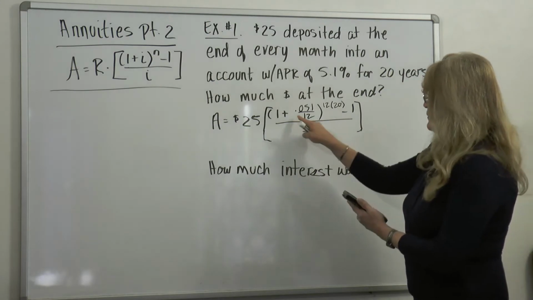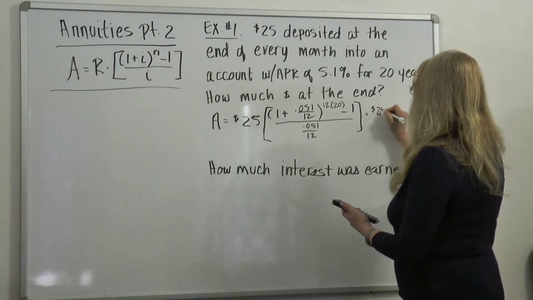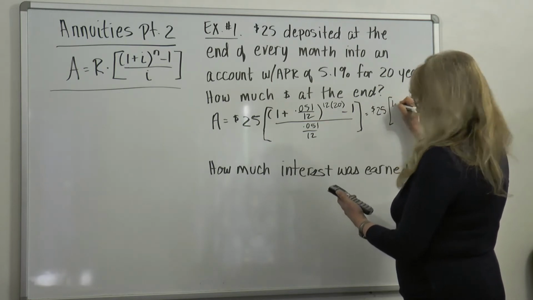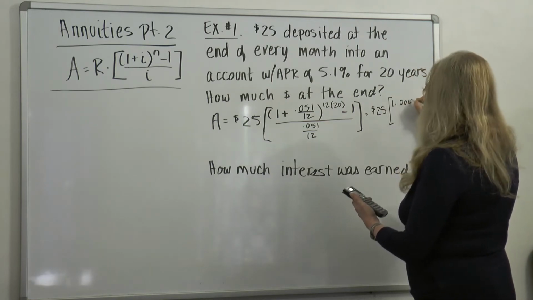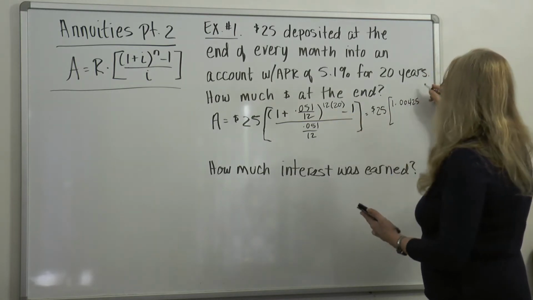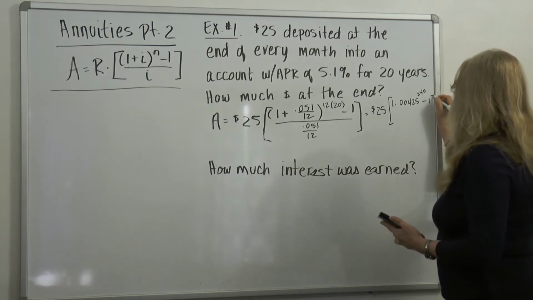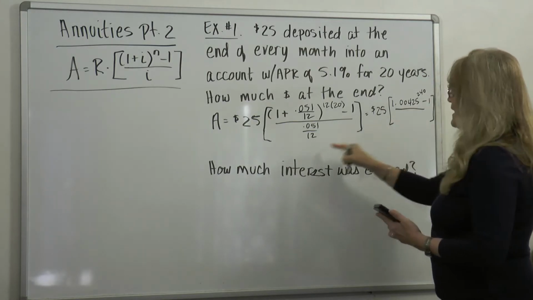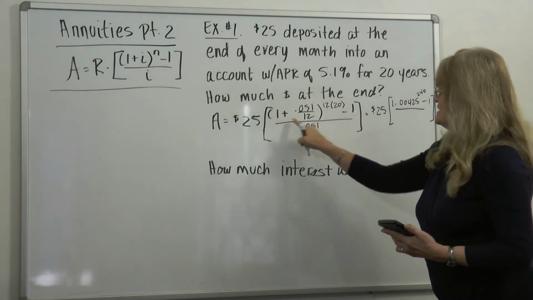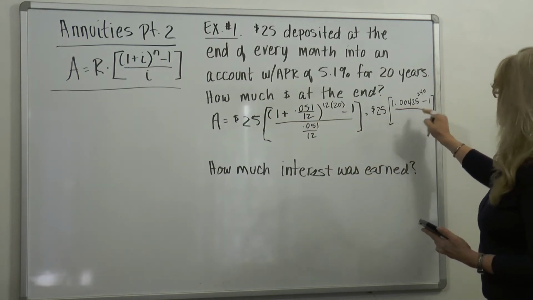Okay, so this value here, so we got our $25, and then this is 1.00425. 12 times 20, that's 240. That's an exponent. Minus 1. And then down here is the same as this calculation, but without the 1. So it's just the 0.00425.